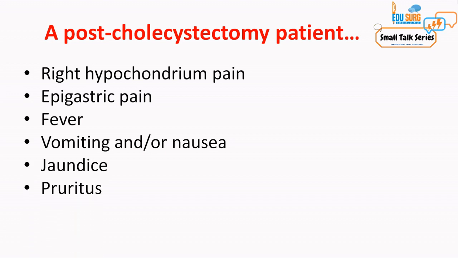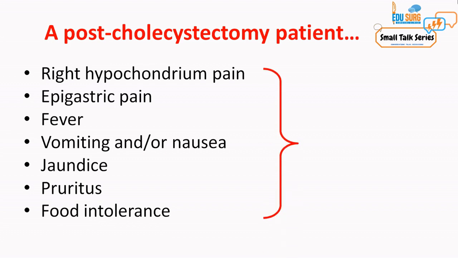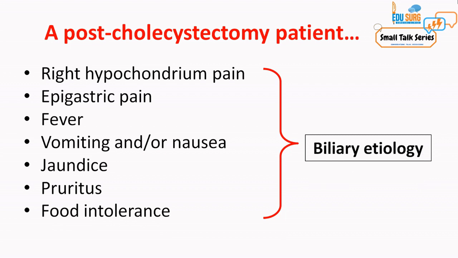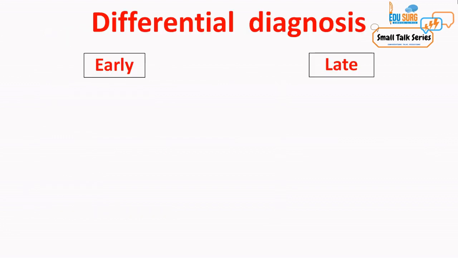Patient can have jaundice and pruritus or simple intolerance to food. And all these symptoms may point towards the biliary etiology. So our classical Charcot's triad, pruritus, food intolerance, some of the common symptoms when you should suspect biliary etiology of post-cholecystectomy syndrome.